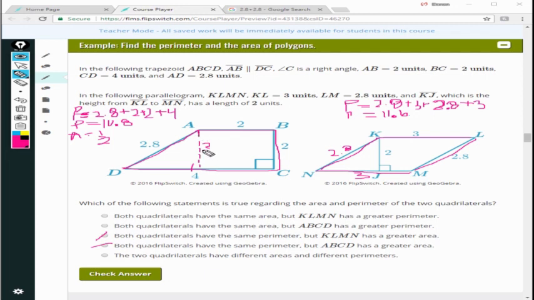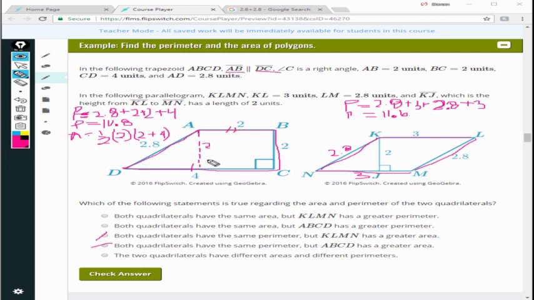So our height is 2, so 1/2 times 2 times, I remember it's our base 1 plus our base 2. So 2 plus 4. And our bases are the ones that are parallel to each other. So they said AB is parallel to DC.